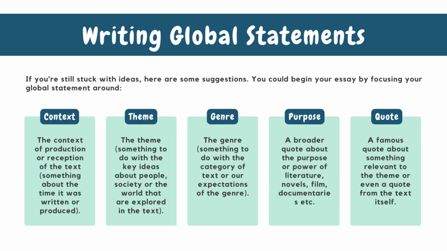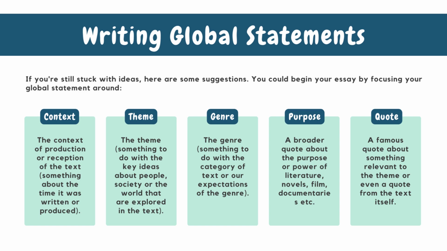If you're still stuck with ideas, here are some suggestions. You could begin your essay by focusing your global statement around context: the context of production or reception of the text, something about the time it was written or produced. Theme: something to do with the key ideas about people, society, or the world that are explored in the text.